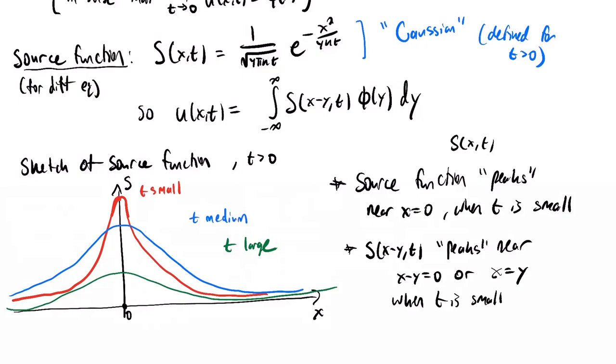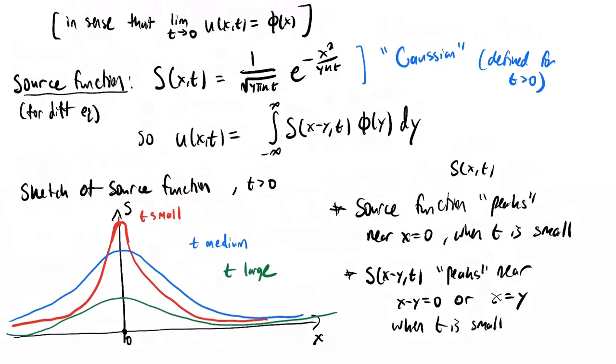And so the way to think about this is, when t is very small, we should expect this integral to be very close to the function phi of x, which is the initial condition, because this converges as t goes to 0 to phi of x, as we saw above.